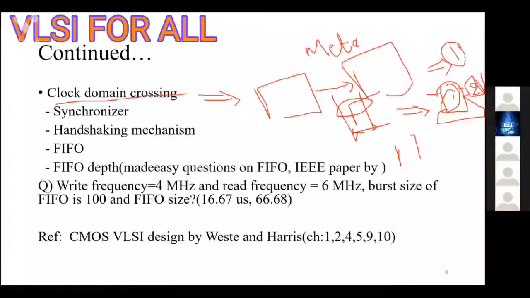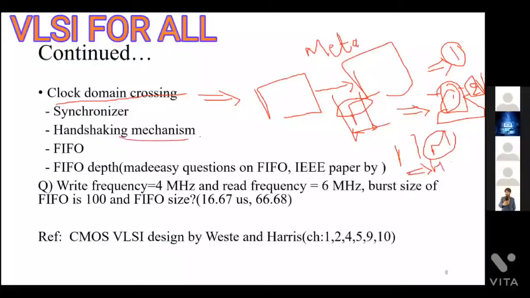Okay. But the problem with the synchronizer is that it is valid only for a single bit. If there are multiple bits, as I have said before, if I place multiple synchronizers for all the bits, the problem is that all the bits may not reach at the same time because of the difference in the propagation delay of the flip-flops. So when there are multiple bits, one of the mechanisms industries use is the handshaking mechanism.